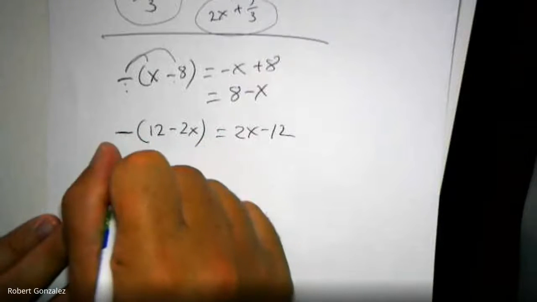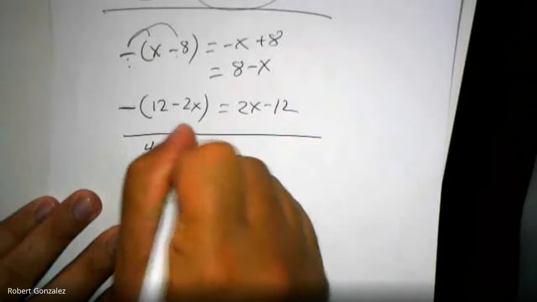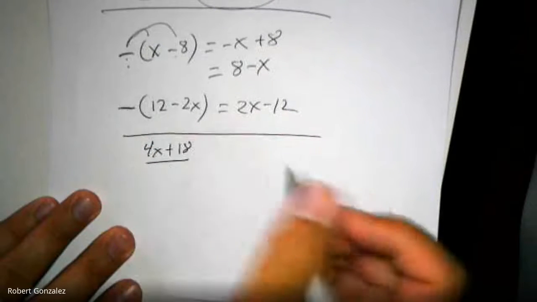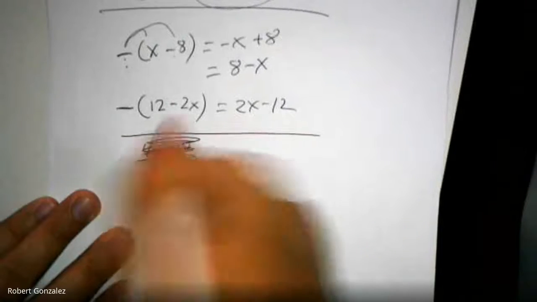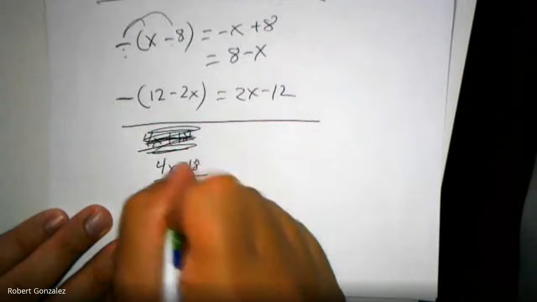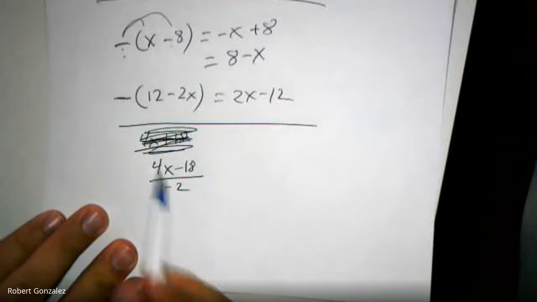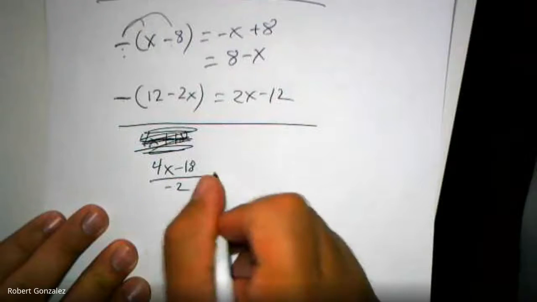Sometimes you'll have something like this. 4x minus 18 divided by -2. Well, I can give the -2 to each one, but the minus sign right away is going to make me flip it.